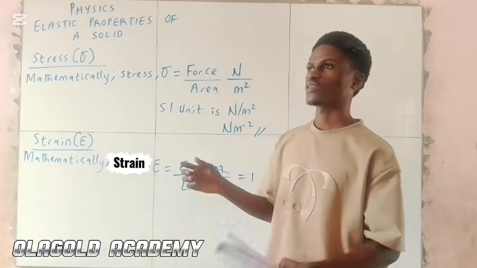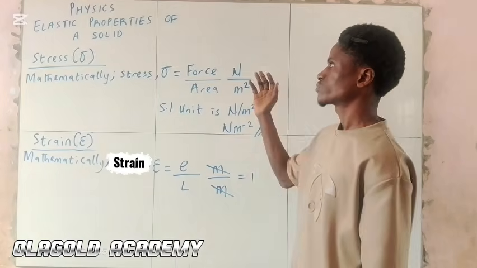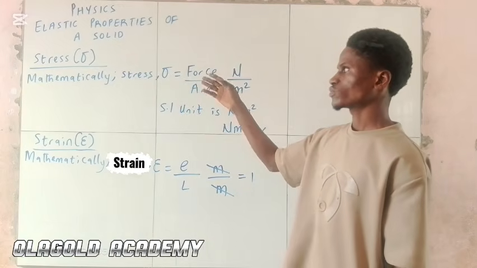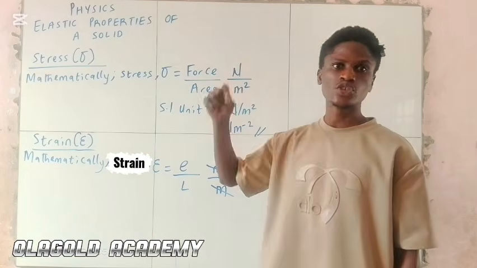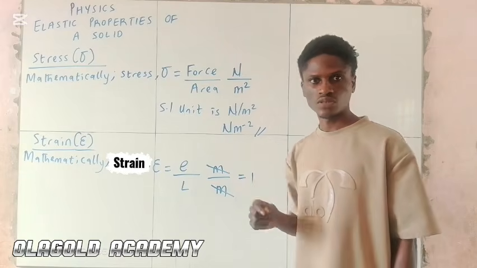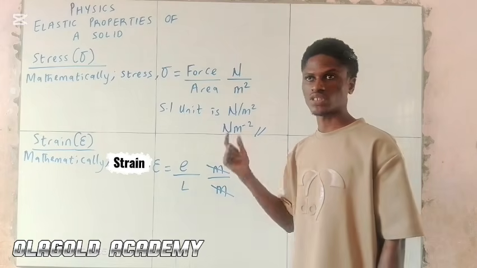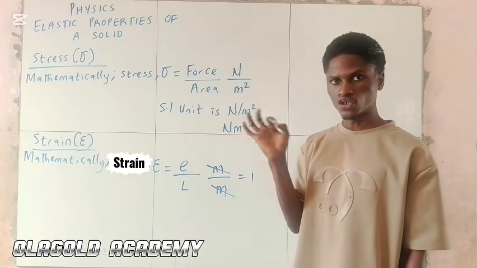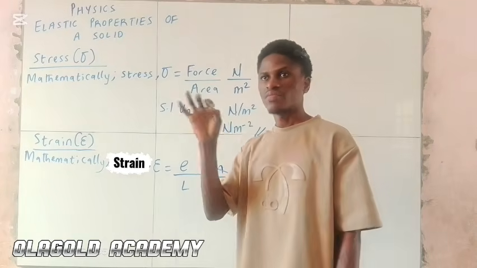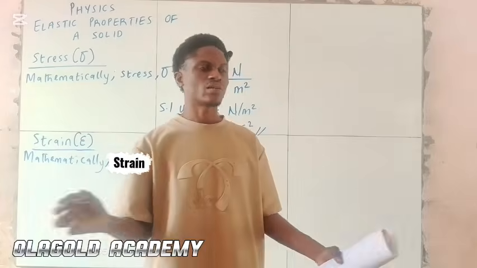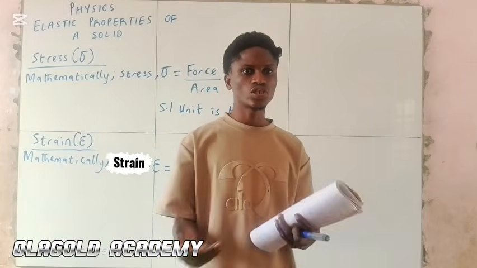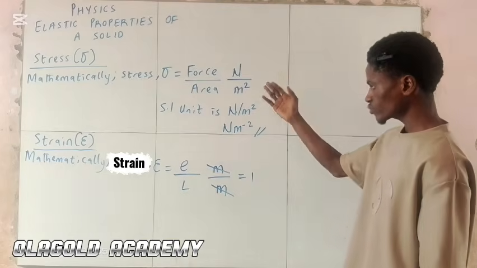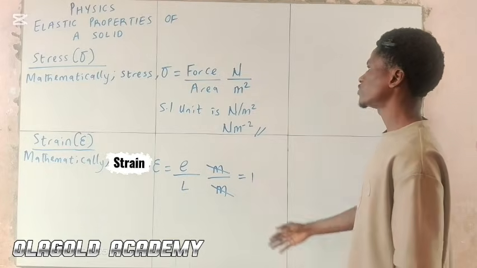I've done a particular video on dimensioning of physical quantities where we have terms like dimensionless quantity, dimensional homogeneity, and things like that. So for strain, we have this.